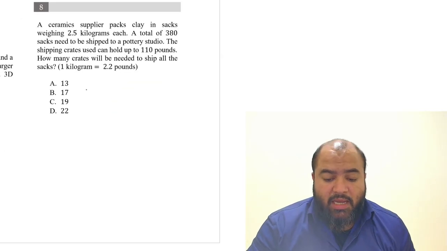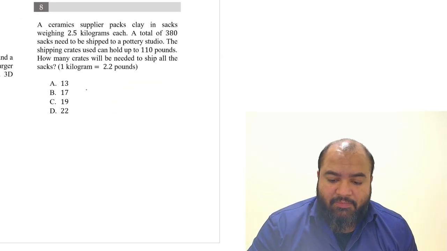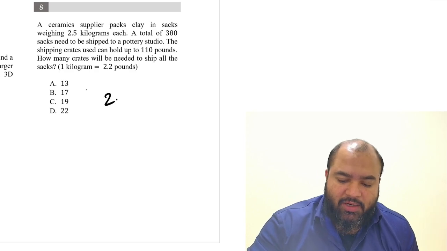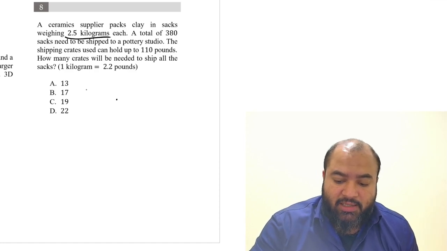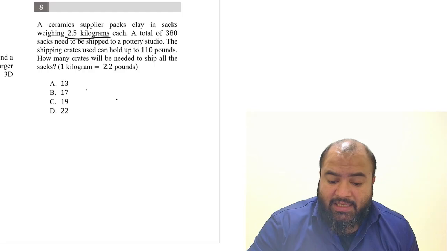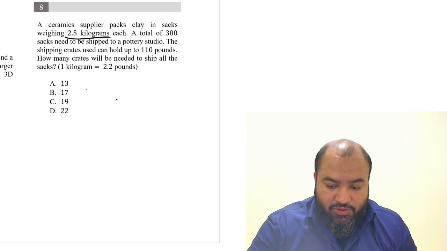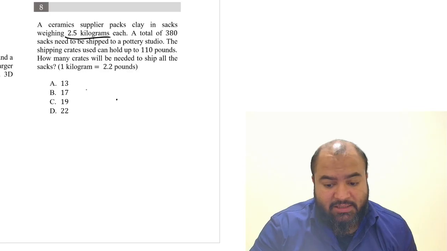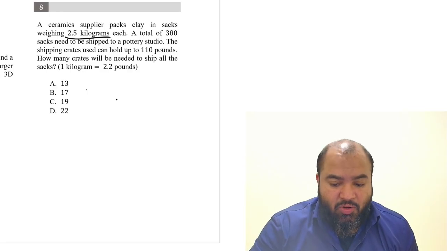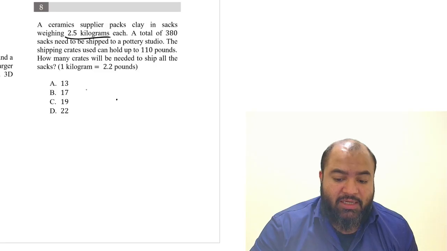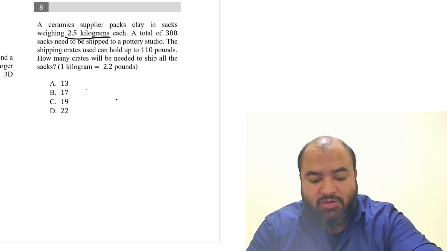Number 8. A ceramics supplier packs clay in sacks weighing 2.5 kilograms each. I'll just underline that. A total of 380 sacks need to be shipped to a pottery studio. Now the shipping crates used can hold up to 110 pounds. So how many crates will be needed to ship all the sacks? It's just conversion.